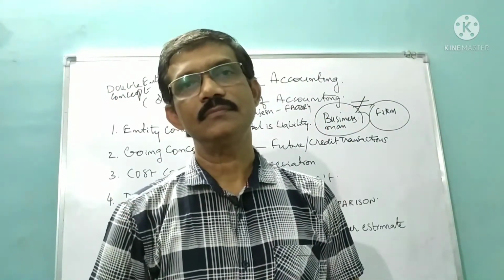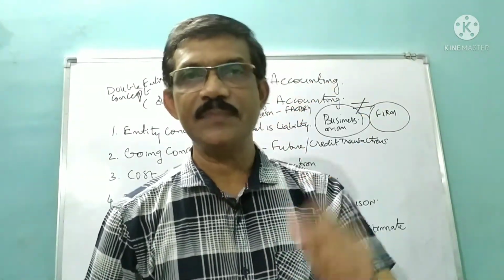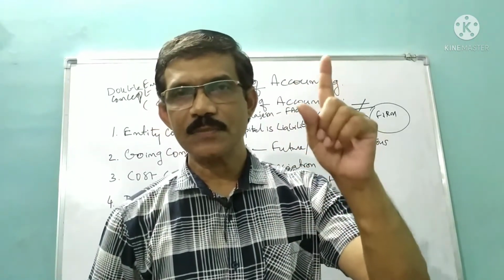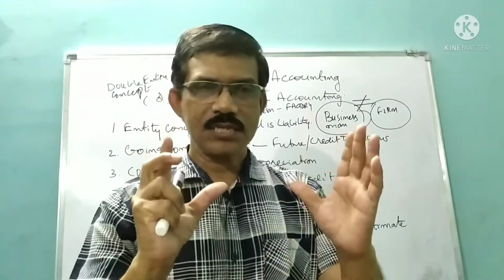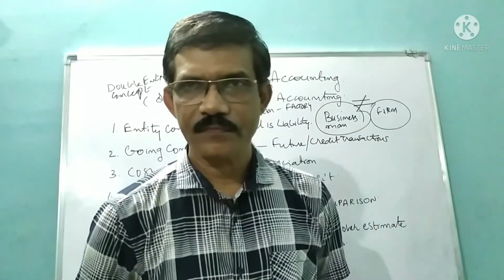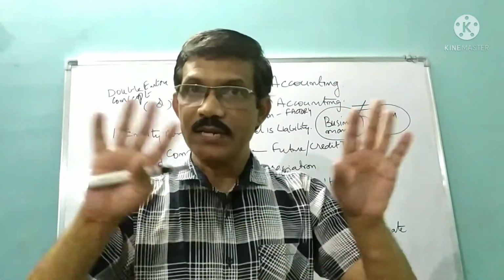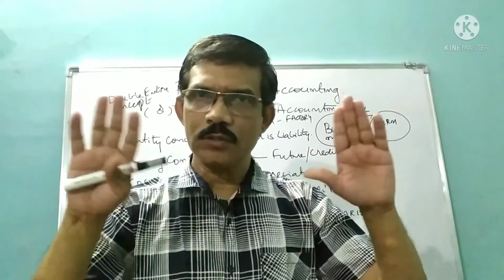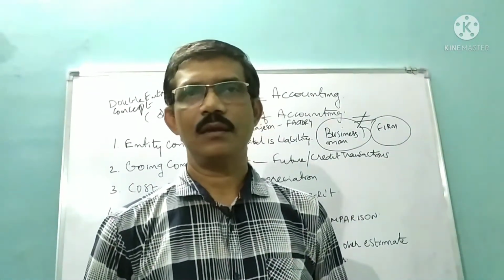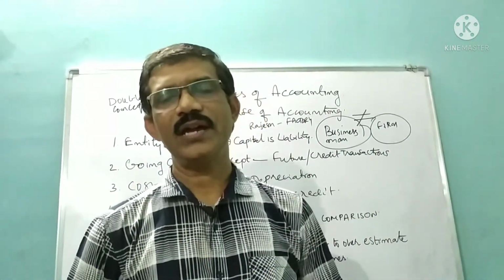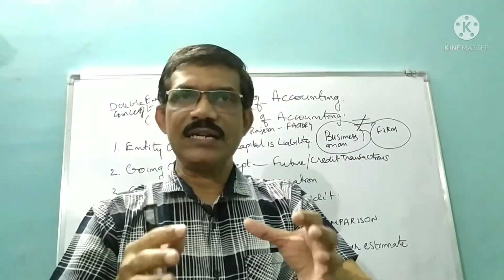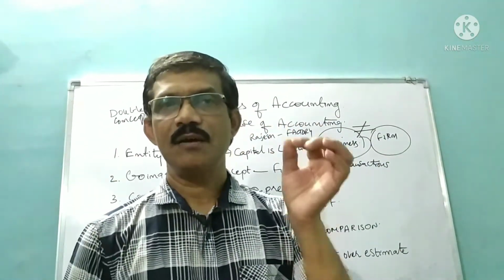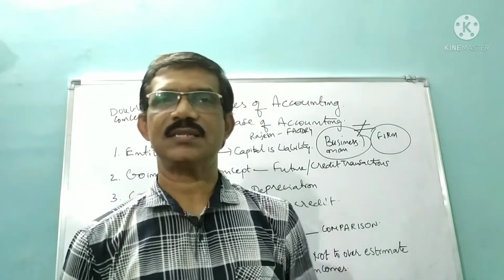No. These are the things you should keep in mind: future possible losses. Just keep some amount for them. Don't overestimate your incomes. Don't overestimate your profits. That is not good, and that is not beneficial for the firm also. This is what we call the conservatism concept, the playing safe policy concept.